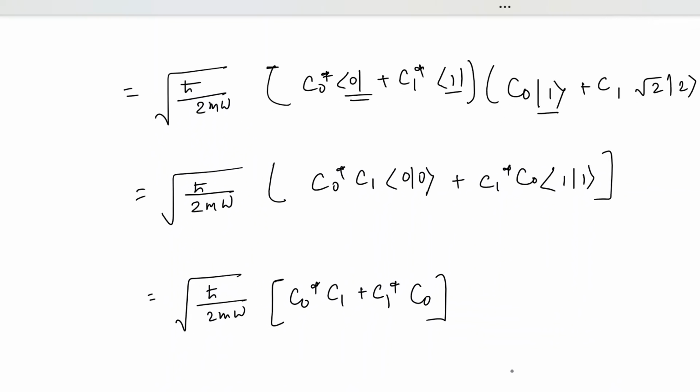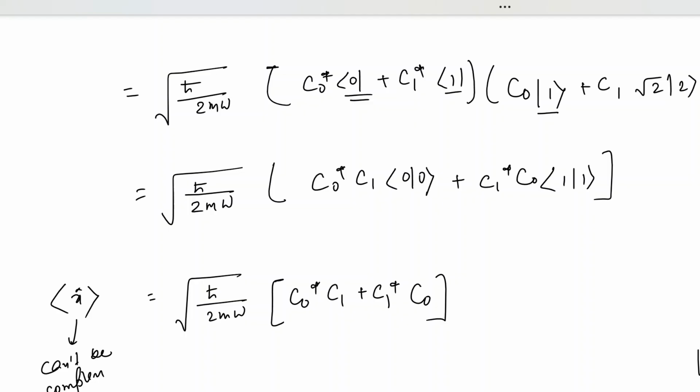Now how can we simplify this even further? You already have the normalization condition that |c0|² plus |c1|² equal to 1. So c1 can be written as root over of 1 minus |c0|². Then c0* c1, because the expectation value of x cannot be complex, it has to be real, because it is an expectation value.